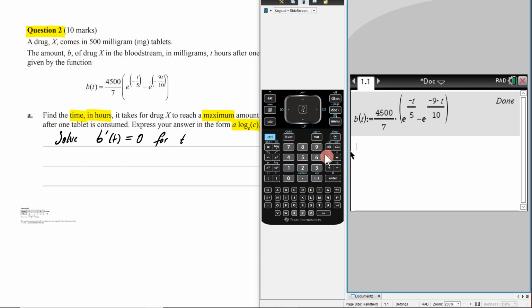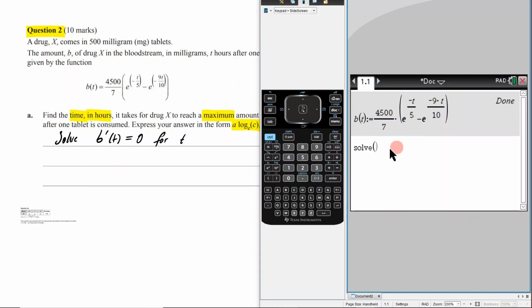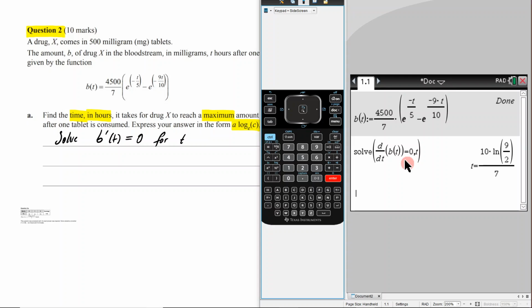So I'm going to go menu, algebra, solve, then shift minus. I'm differentiating with respect to t, putting b of t here, setting it equal to 0 and solving for t, and then closing that off. That is going to give me the value at which the maximum is occurring, so that will be the time.